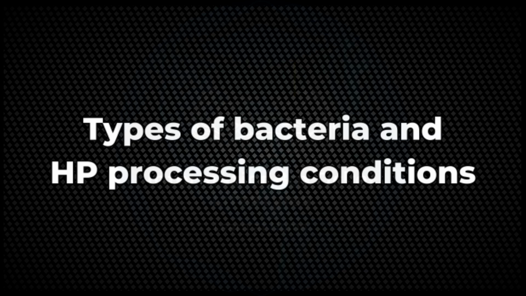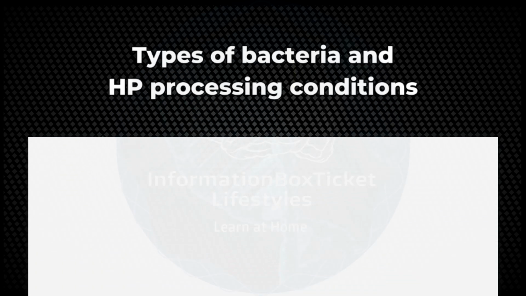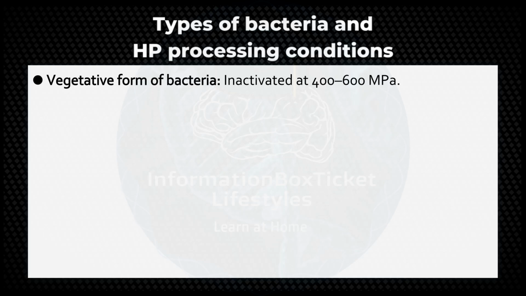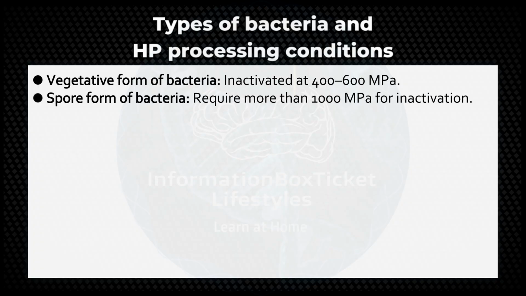Types of bacteria and high-pressure processing conditions. Vegetative form of bacteria, inactivated at 400 to 600 megapascals. Spore form of bacteria, require more than 1,000 megapascals for inactivation.